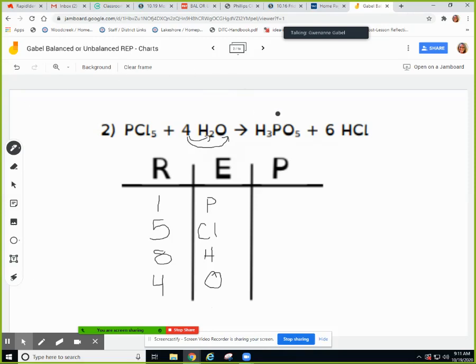Now I'm going to count the atoms on my product side. I'm going to count the atoms of the new substances. So hydrogen has 3, phosphorus has 1, and then oxygen has 5.